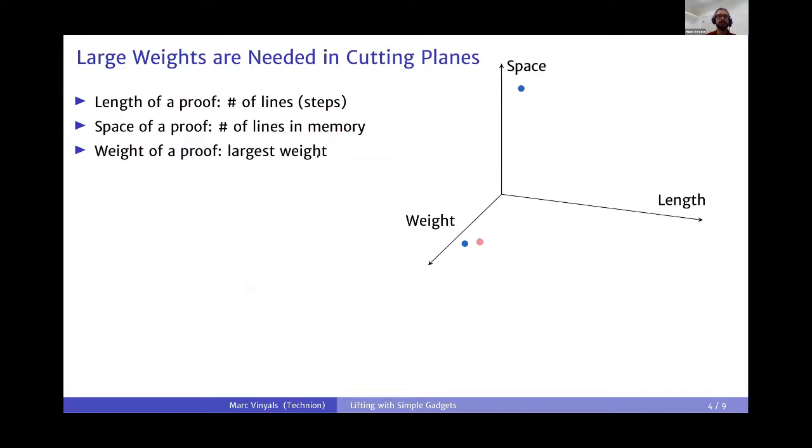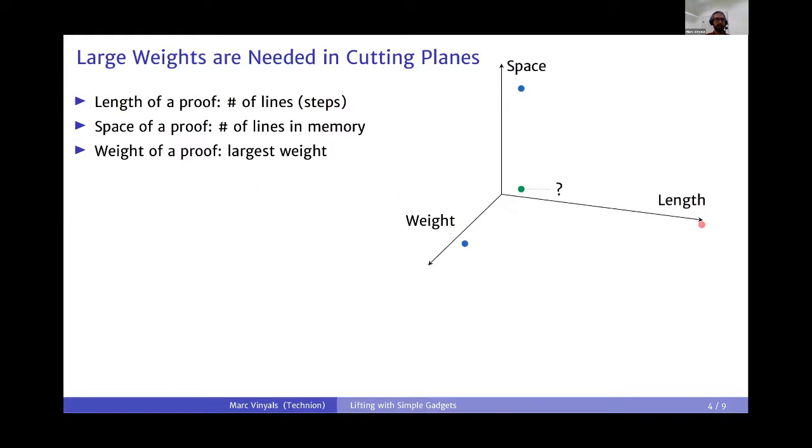And recall these three measures that I mentioned: the length, the space, and the weight. Now imagine that we have two proofs, one that has small weights but large space, this one over here, and a proof that has small space but maybe large weights. My question is, can we get the best of both worlds and get a proof that has both small space and small weight? And of course, we don't want to blow up the length too much.